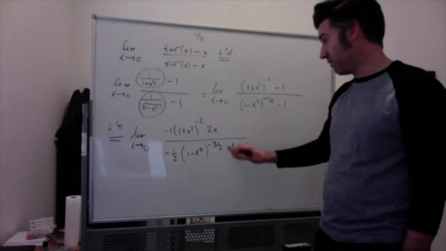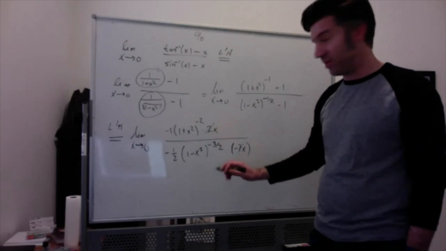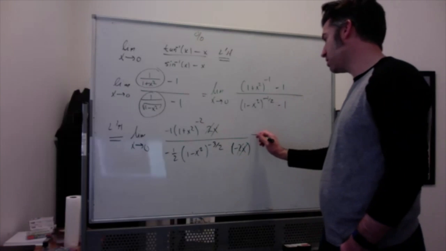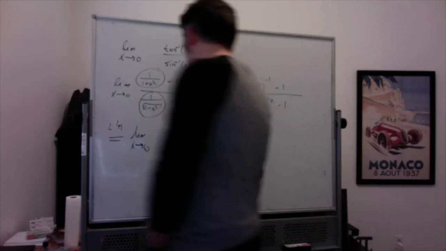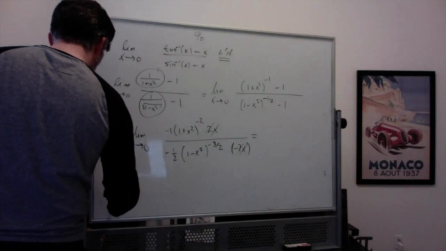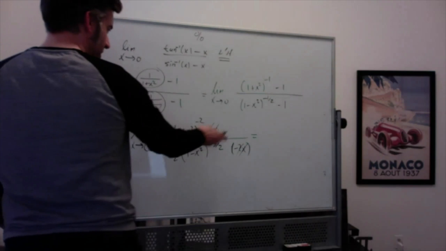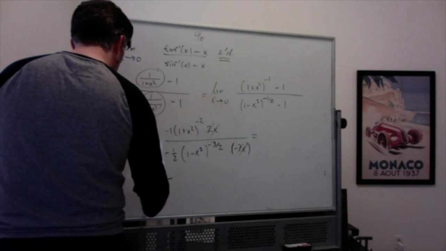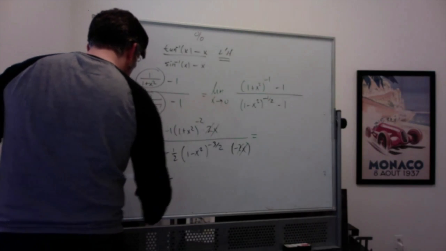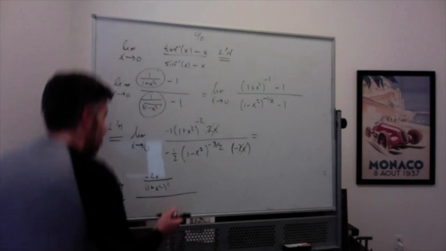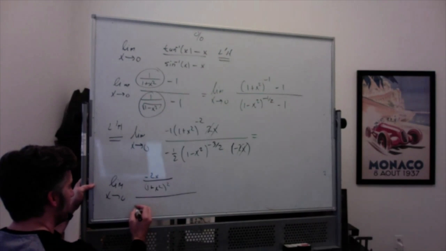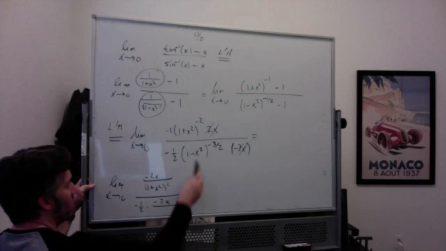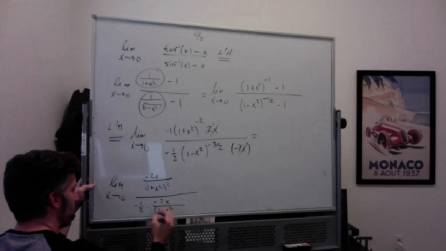But we can cancel some stuff, right? Those 2's cancel, and more importantly, those x's for sure cancel out. If you wanted to, you could rewrite this as the limit as x goes to 0 of negative 2x over 1 plus x squared squared on top, and on the bottom negative 1/2 times negative 2x over 1 minus x squared to the 3/2.